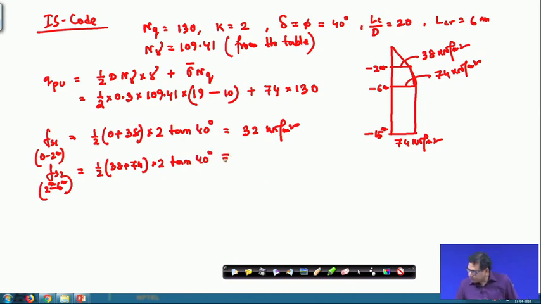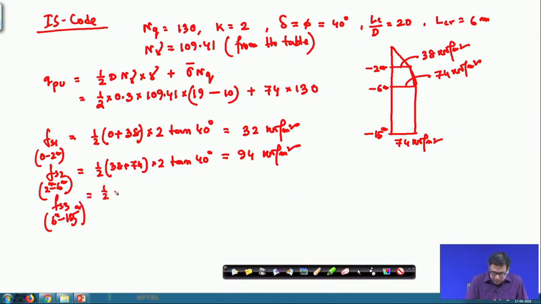So, that is equal to 94 kilonewton per meter square. And f_s3, that is 6 meter to 15 meter. So, that is equal to half, sorry, because it is uniform, this half is not required. So, that will be equal to 74 into 2 into tan 40 degree. So, that is equal to 124 kilonewton per meter square.